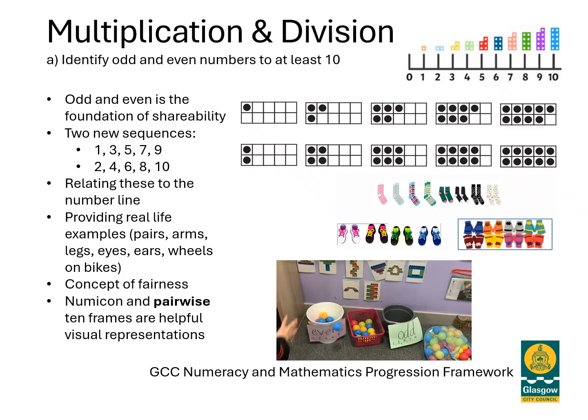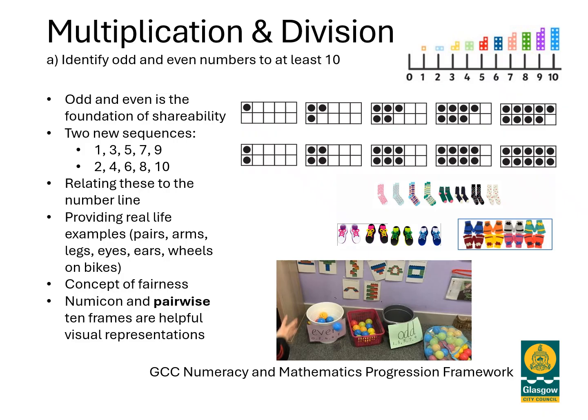Odd and even is the first time where children are encountering different types of number sequences. So they're not just counting 1, 2, 3, 4, 5 here, but looking at the pattern of the evens, we get the sequence 2, 4, 6, 8, 10. Looking at the pattern of the odds, we get 1, 3, 5, 7, 9.